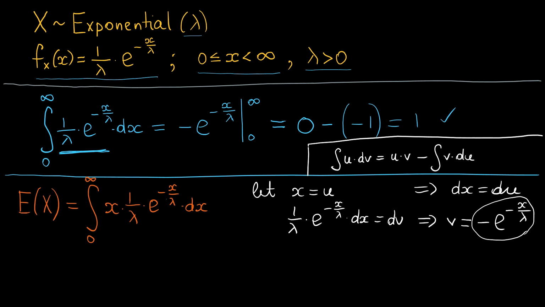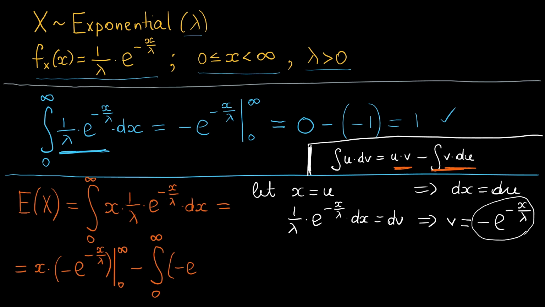Okay, so then by using the formula of integration by parts, what is it that we get? We get uv first, which is x times minus e to the power of minus x over lambda, with the limits of evaluation, minus the integral from 0 to infinity of v du, and that is minus e to the power of minus x over lambda, and du is just our dx.